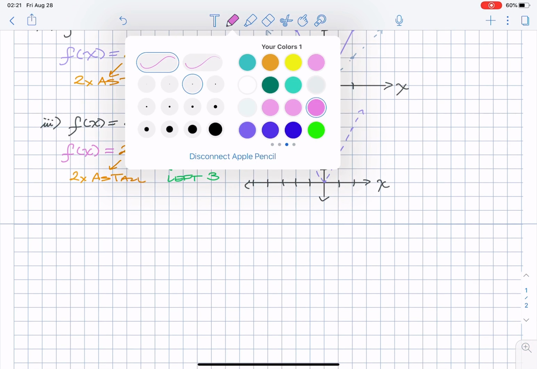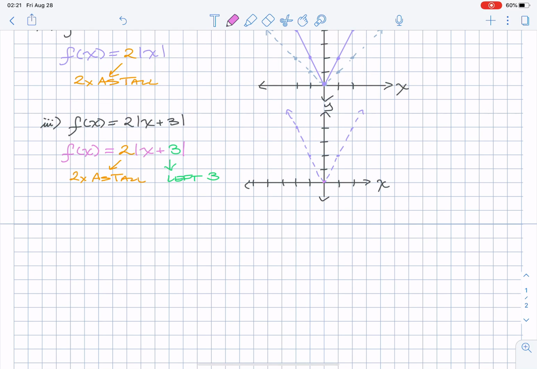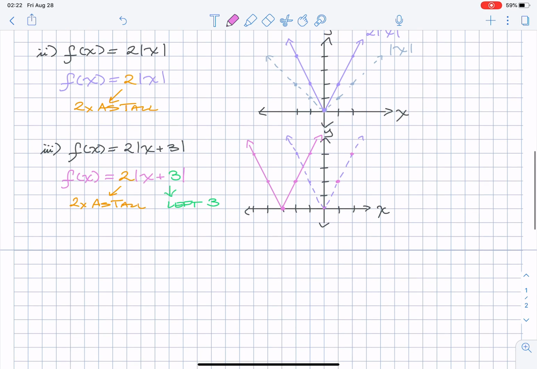So 0 goes left 3, so that's negative 3. This point here at 1, 2 goes left 1, 2, 3. This point here at 2, 4 goes left 1, 2, 3. So I get this, and similarly, the points on the left also go left 3. So this is now 2 times the absolute value of x plus 3.